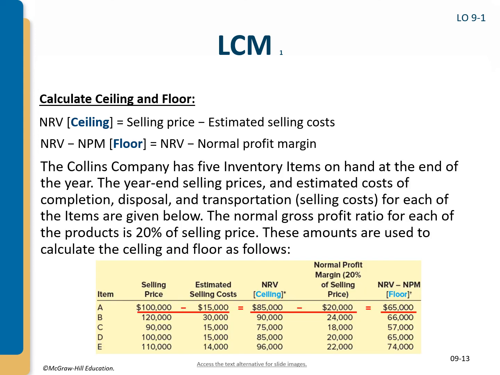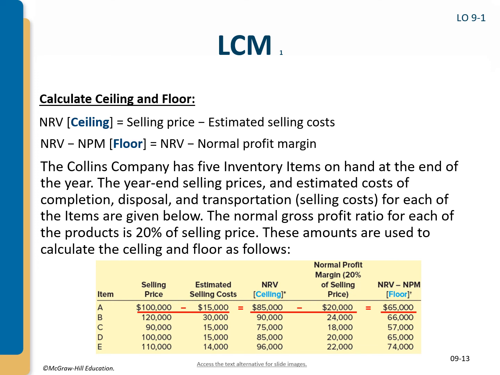Here we have Collins Company. They have 5 inventory items on hand at the end of the year. The year-end selling price and estimated costs of completion, disposal, and transportation for each are given. The normal profit margin is 20% of selling price. These amounts are used to calculate the ceiling and the floor. So that's all we're doing here is calculating the ceiling and the floor.